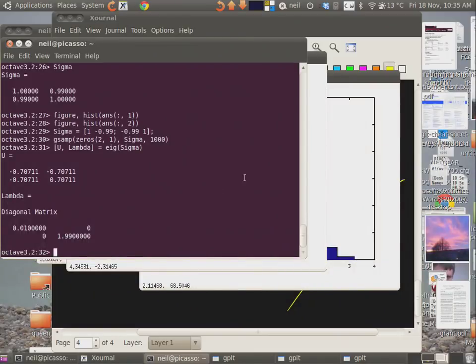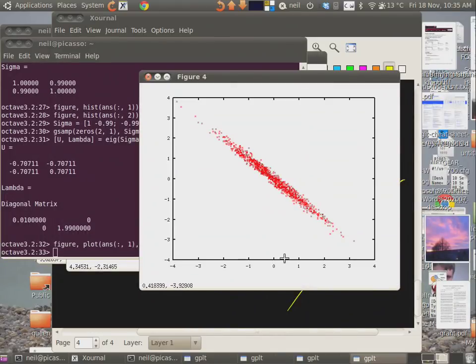So the direction of largest variance is no longer positive positive, it's minus. Let's plot it. It's going in the opposite direction: x equals minus y. So you get really familiar with these. I mean, it's simple, but it's really important.